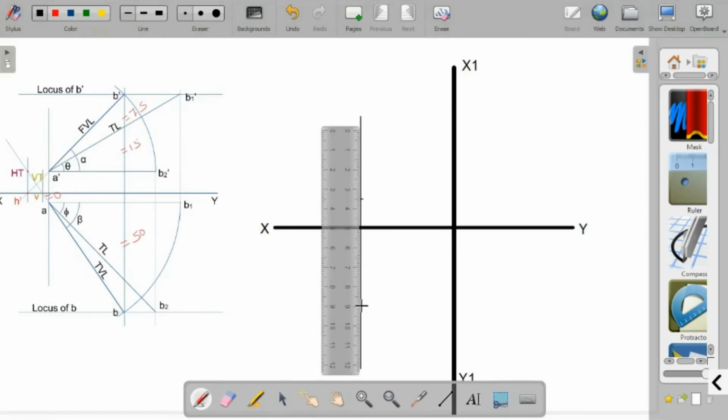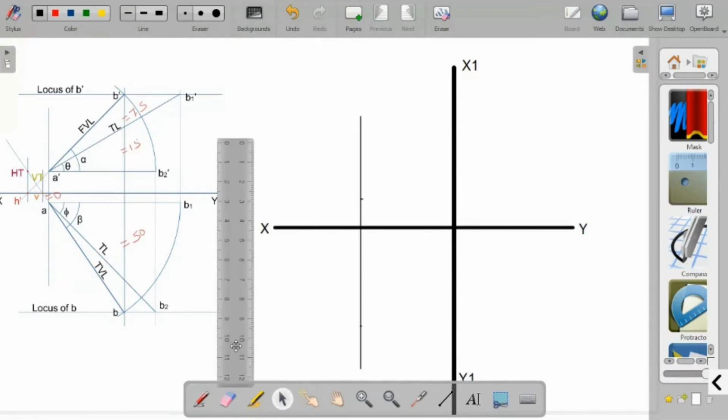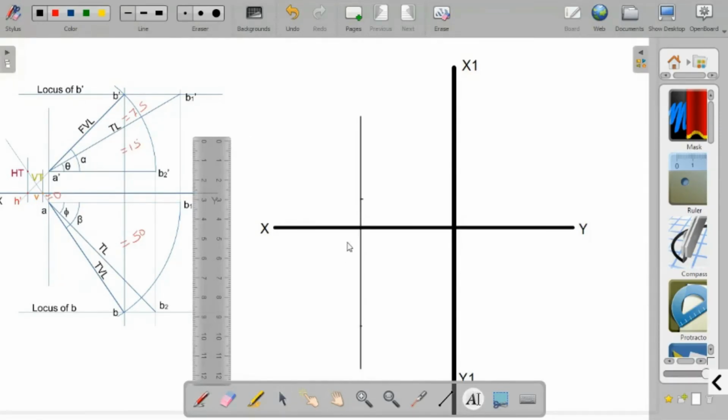Here it is 50. That's it. Going to B dash. Going to B.